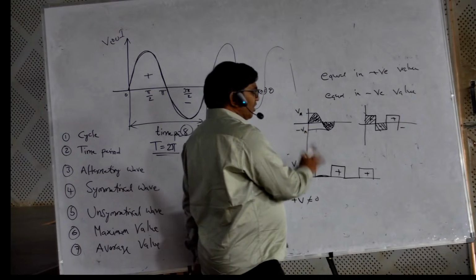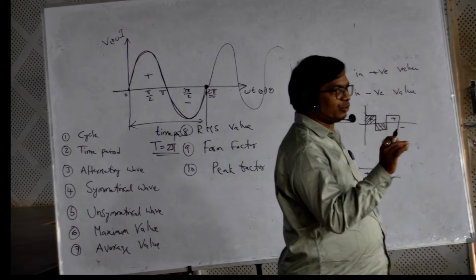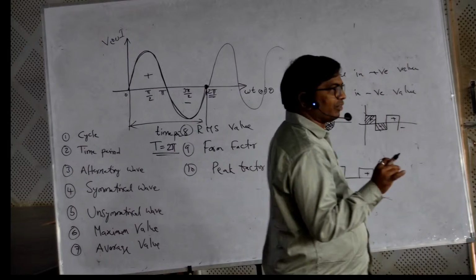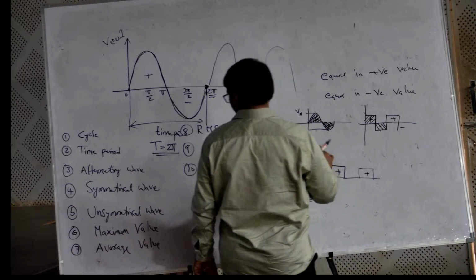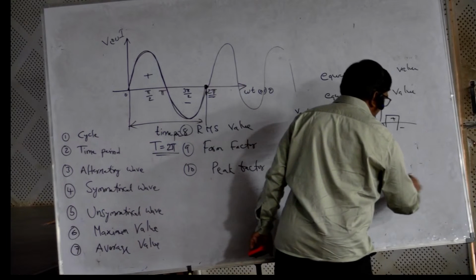So a wave which does not have equal values in positive as well as negative, we can say it is an unsymmetrical waveform. Otherwise you can draw it like this also.